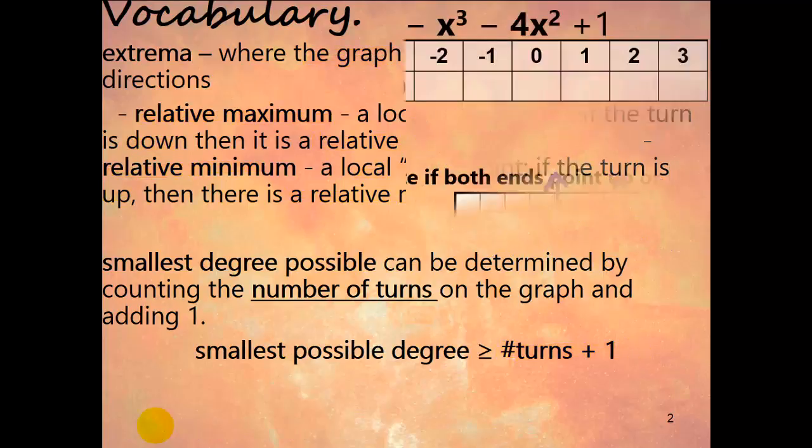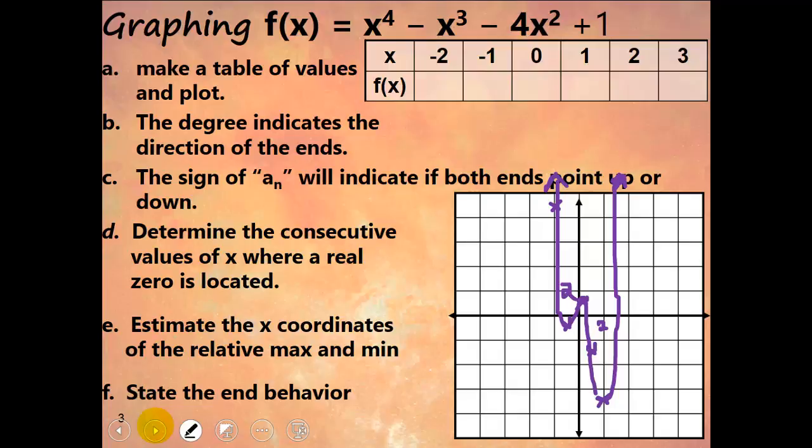All right, so let's get down to graphing. You're going to be provided with a table of values and some x values, and then you're going to calculate the f of x. I would use synthetic division, or for extra practice you could just plug in normally like we've done before. But we're going to make a table of values.